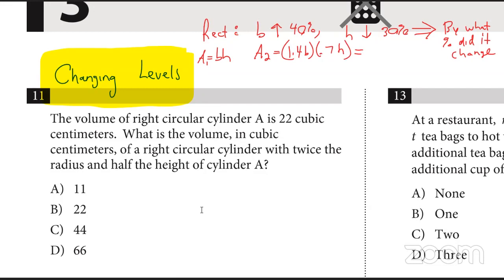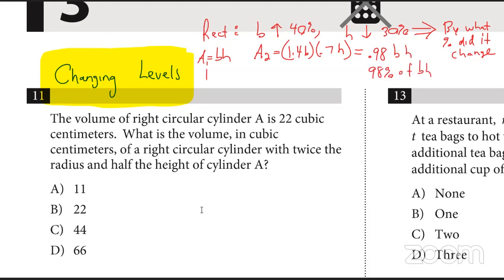So you've got 1.4b times 0.7h. And if we were multiplying that out, we would get 0.98 BH. And 0.98, that's in decimal form. That's the same as 98% of BH.